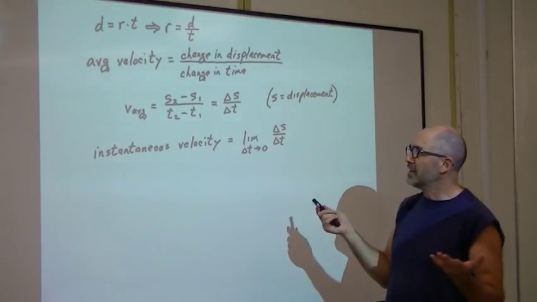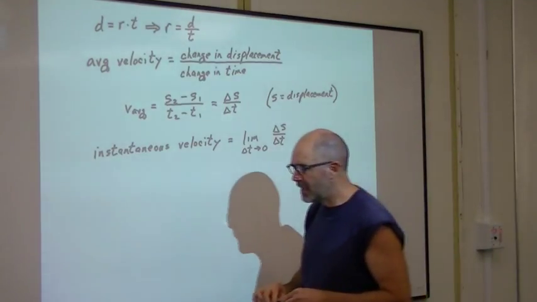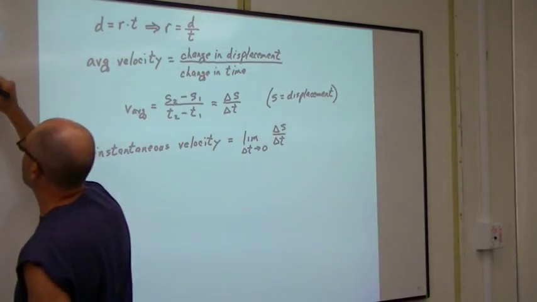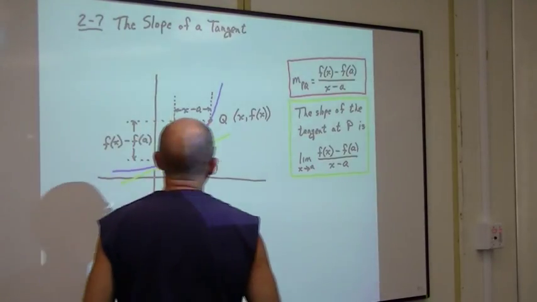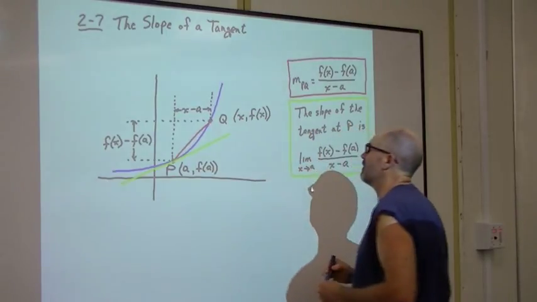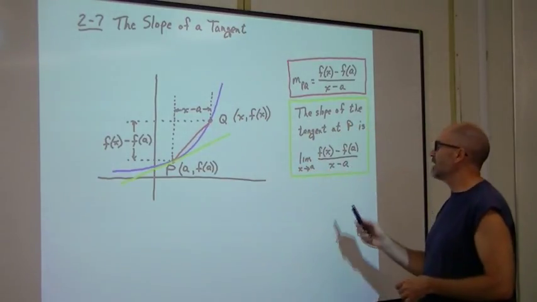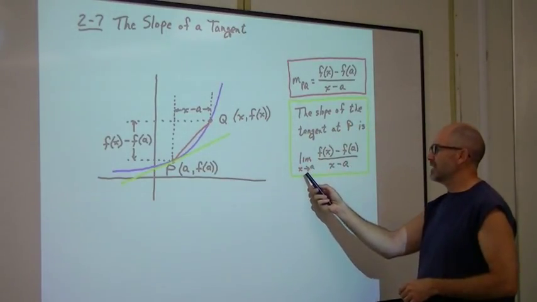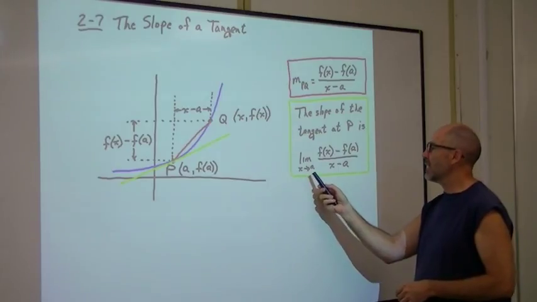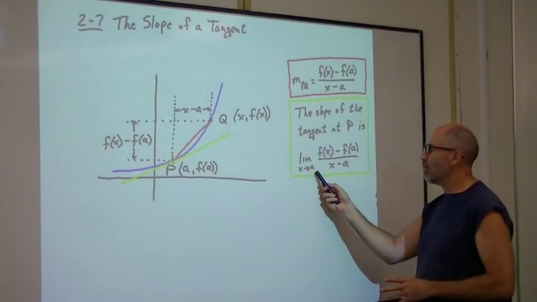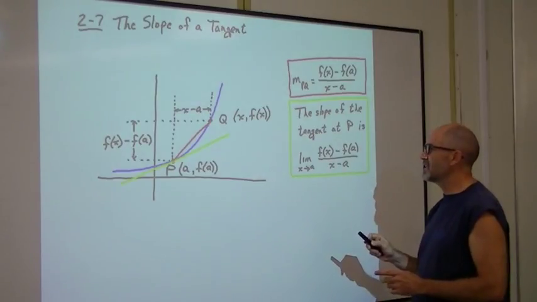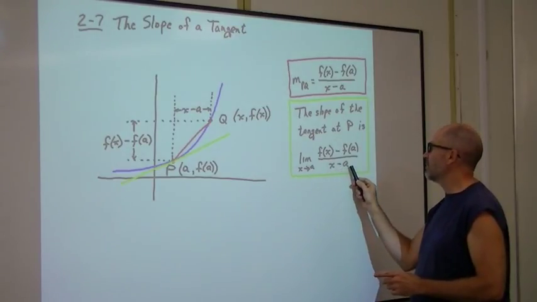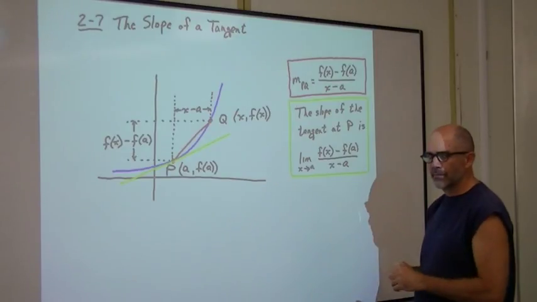All right, so this is the whole concept of today's lesson, is that the slope of a tangent is going to be the limit as x approaches a of the slope of the secant, when the secant is x minus a apart from each other.